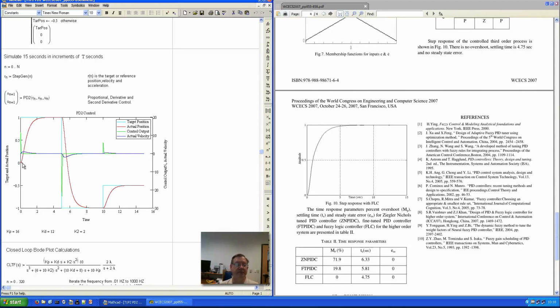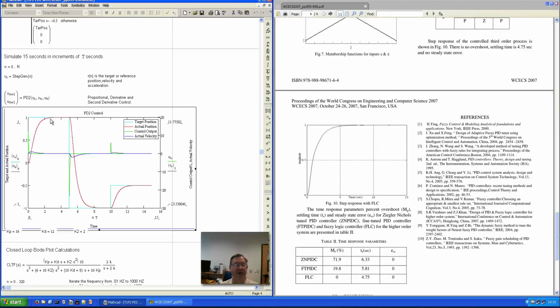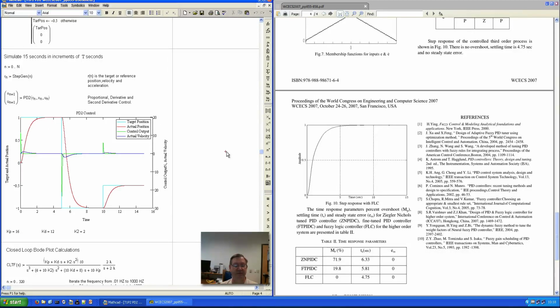So what is happening here is you can see my response is much faster than the response over here. Also, you can see going down and going up that my response is much faster.